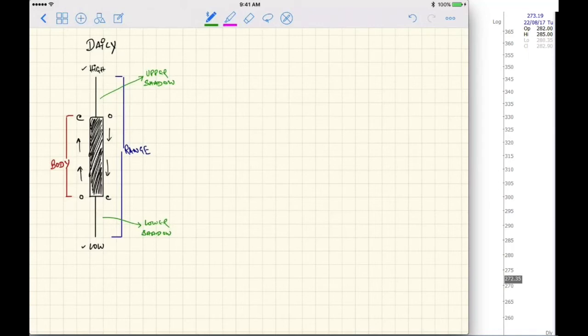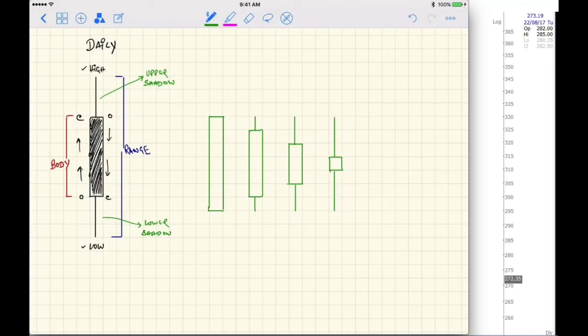Now, let me draw some examples for you. I've drawn 5 examples for you.